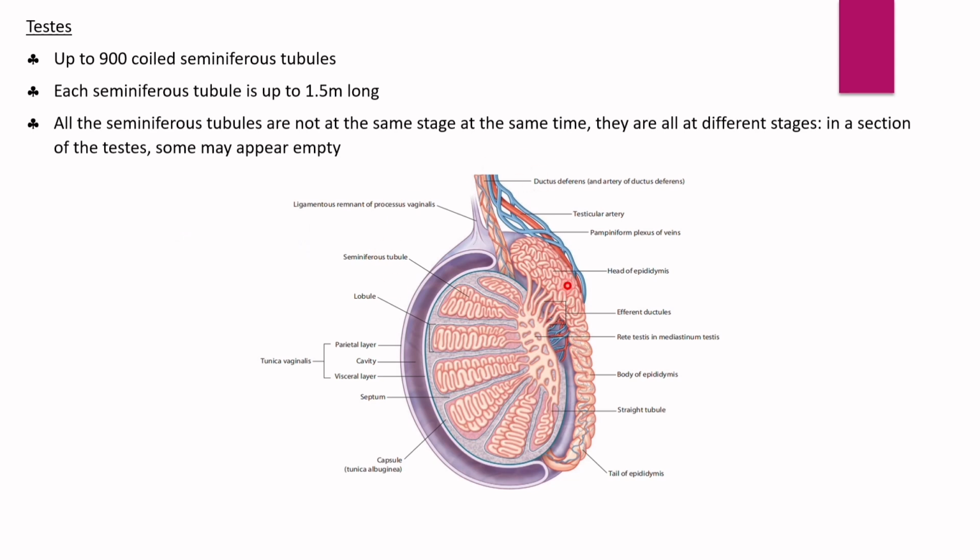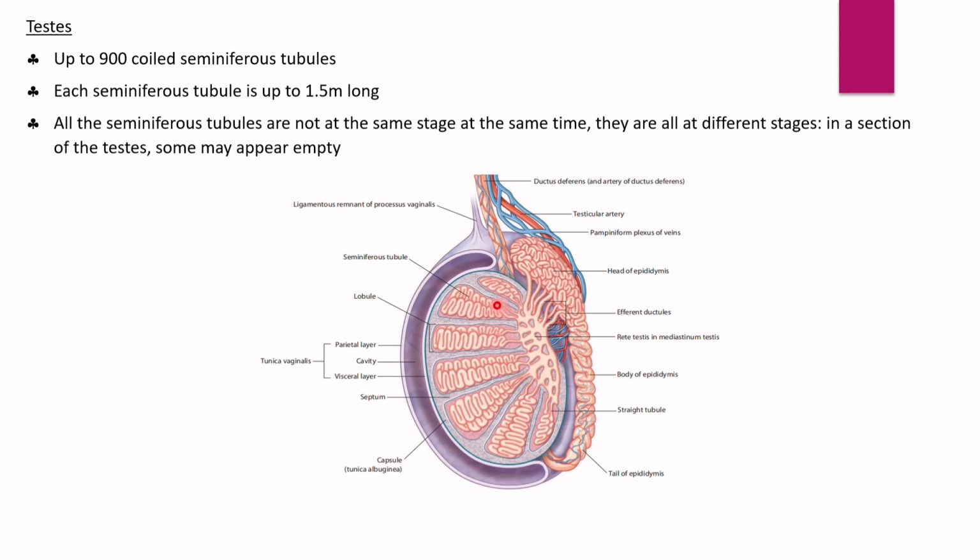So this is a nicer view of the testes. The testes is composed of a fibrous capsule, which you call the tunica albuginea. The tunica albuginea will separate these seminiferous tubules, which are coiled tubules and the site of sperm production. They will divide them into lobes.